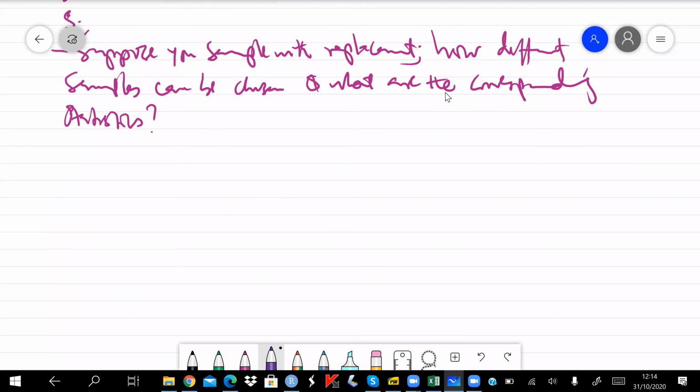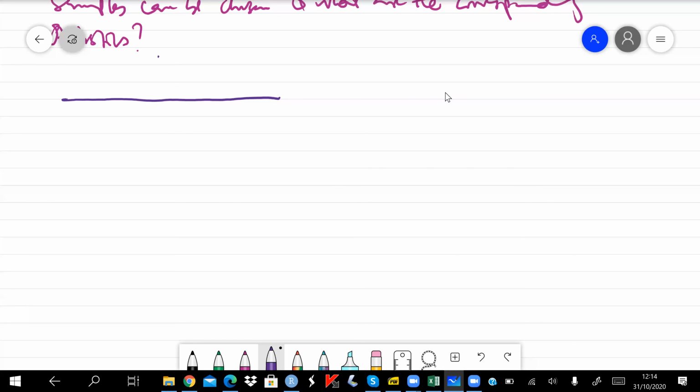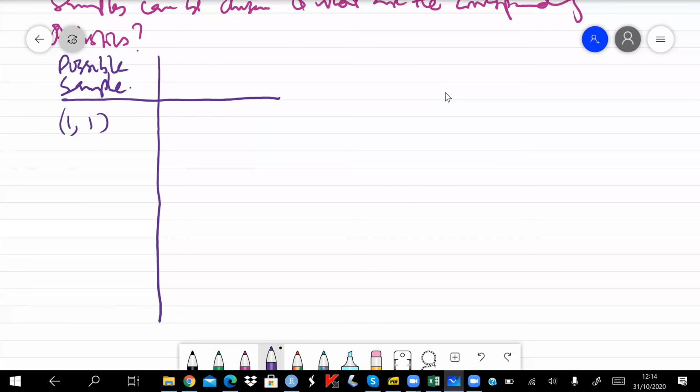So let's create a table here where the first column is possible samples. It is possible for you to obtain a 1, and then when you return, you choose a 1 again. It's possible for you to pick A twice when you are sampling with replacement. Then you can choose 1 and 2, 1 and 3.